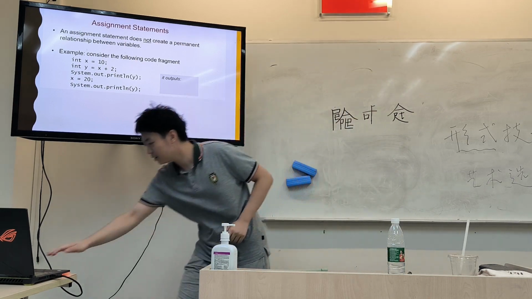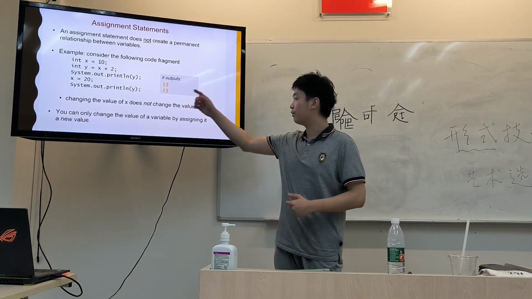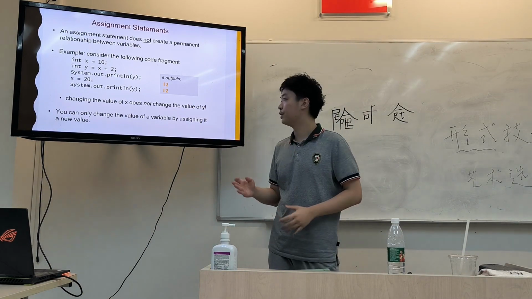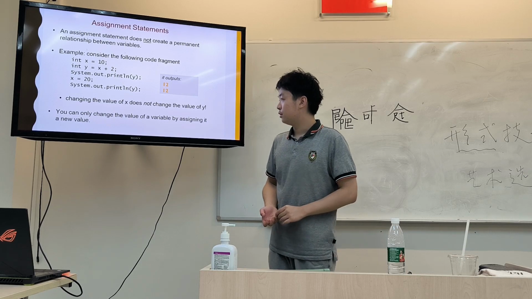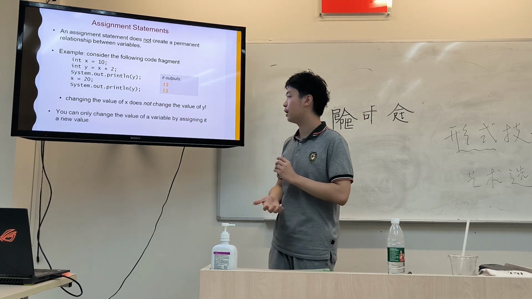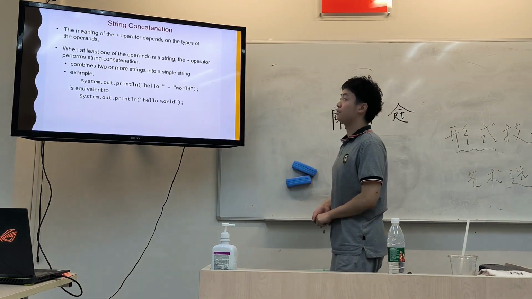Yes, that's correct. If you change the value of x, the value of y will not change because their relationship is not permanent. If you want to change y here, you can just assign a new value to it.